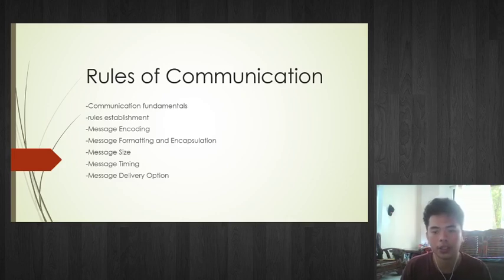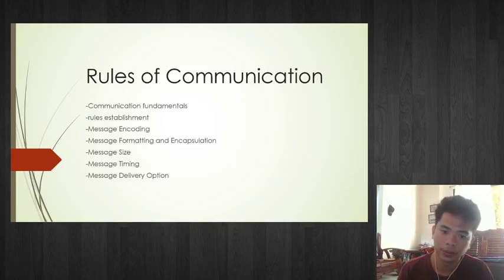The next one is rule establishment. Human communication is governed by rules. We all know that it is very difficult to understand messages that are not correctly formatted and do not follow the established rules and protocols.